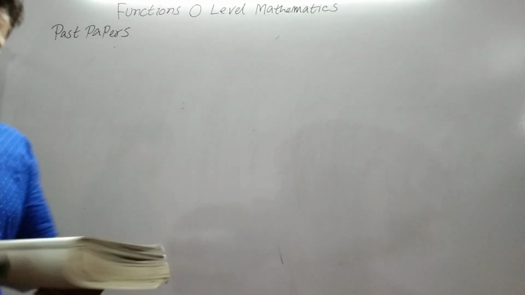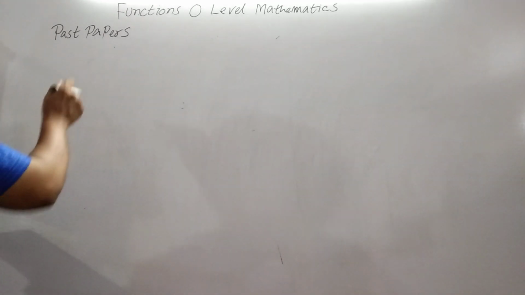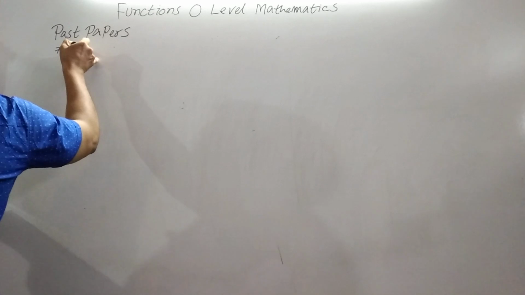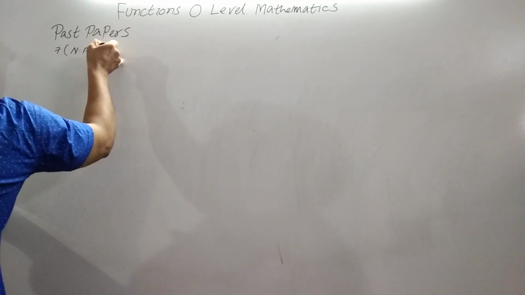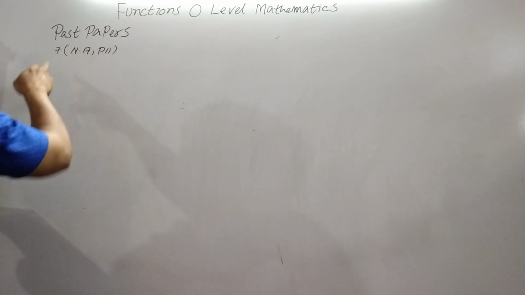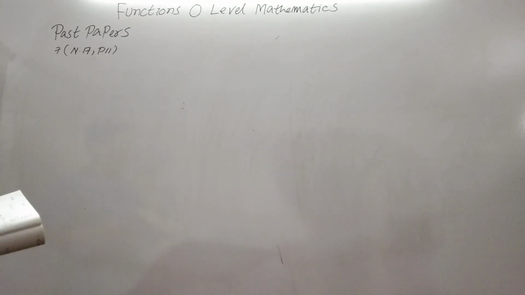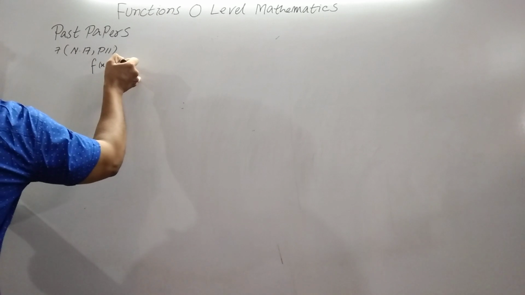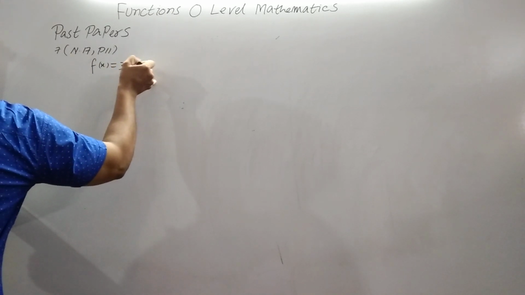Very easy. November 2017, question number 7, paper 1-1. This 7 is the past papers question number. The question is f(x) = 3x + 7.